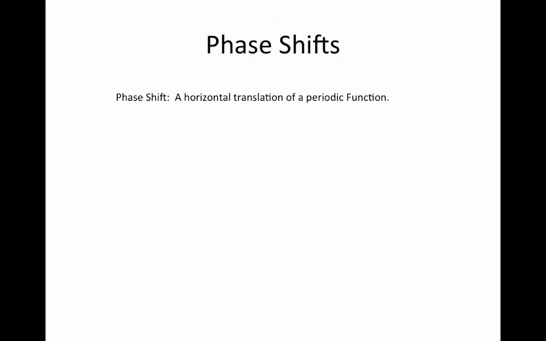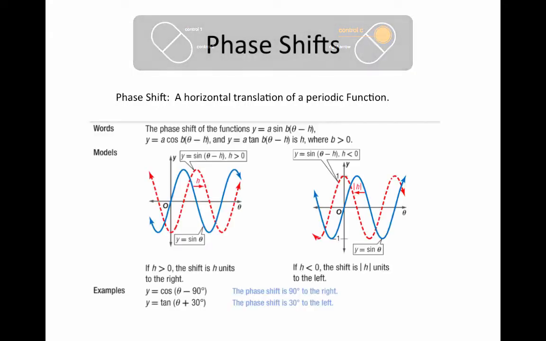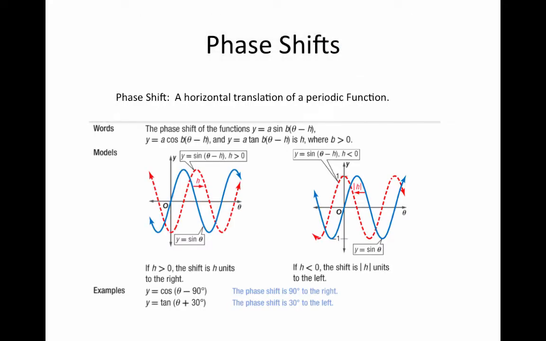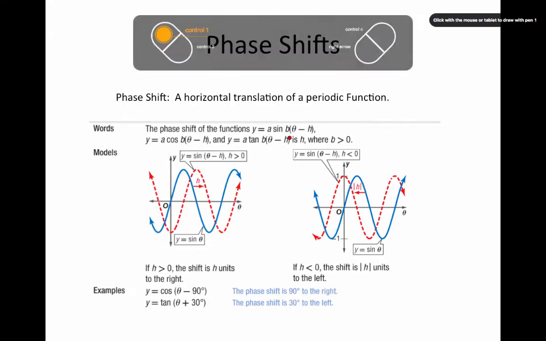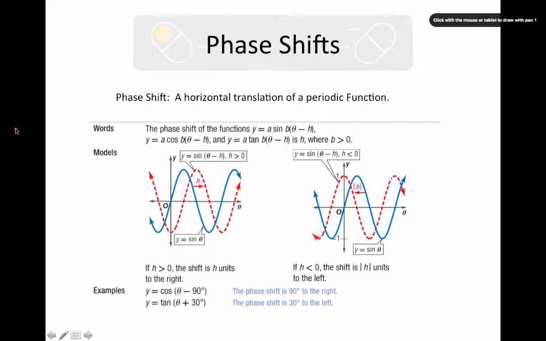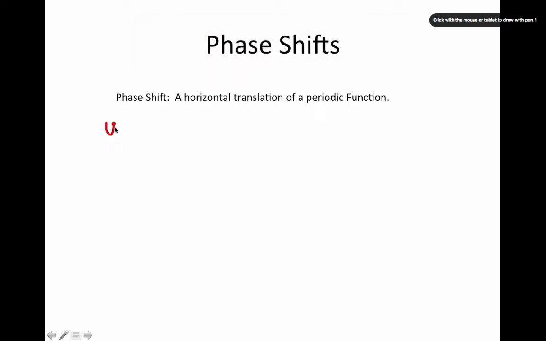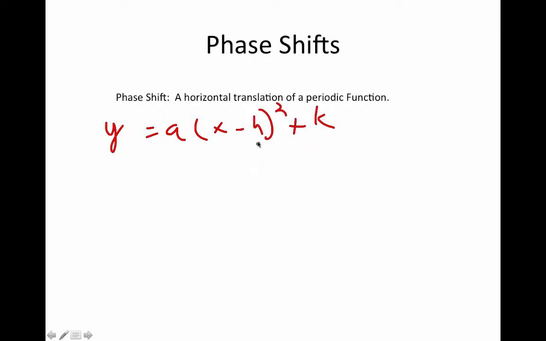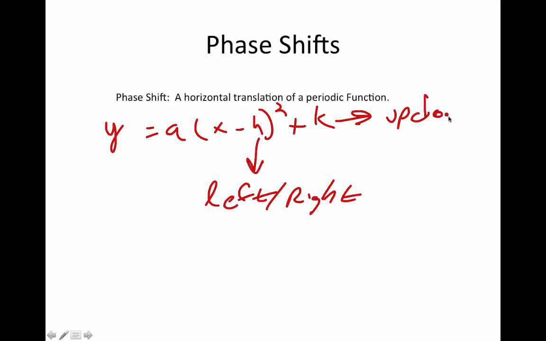Phase shift, horizontal translation of a periodic function. We're going to move h units to the right. I like to go back and review. Before we do this, I like to think about y equals a times x minus h squared plus k. This moved us left and right, h units. And this moved us up and down, k units.